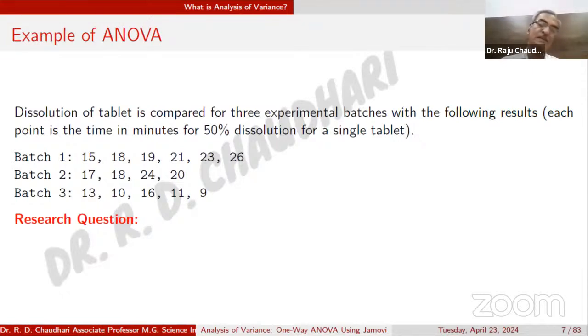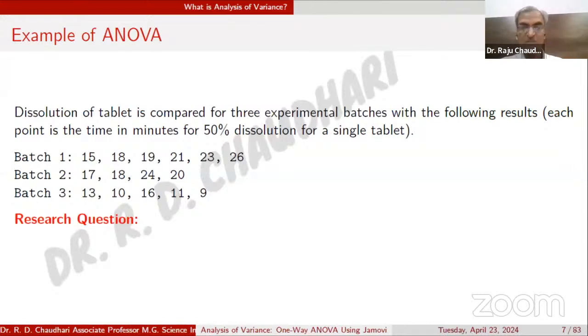This is a very simple example I have taken. The dissolution of a tablet is compared for three experimental batches. So I have three experimental batches of the same kind of tablet, right? Each point is the time in minutes for 50% dissolution of a single tablet.